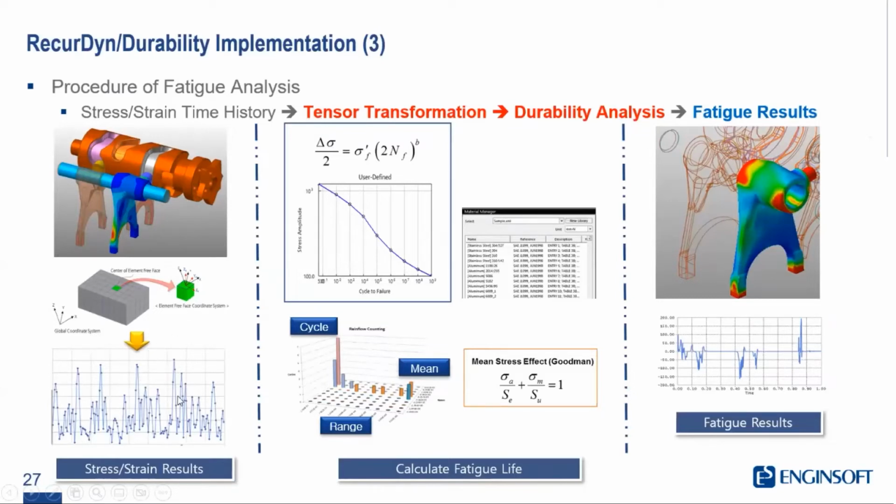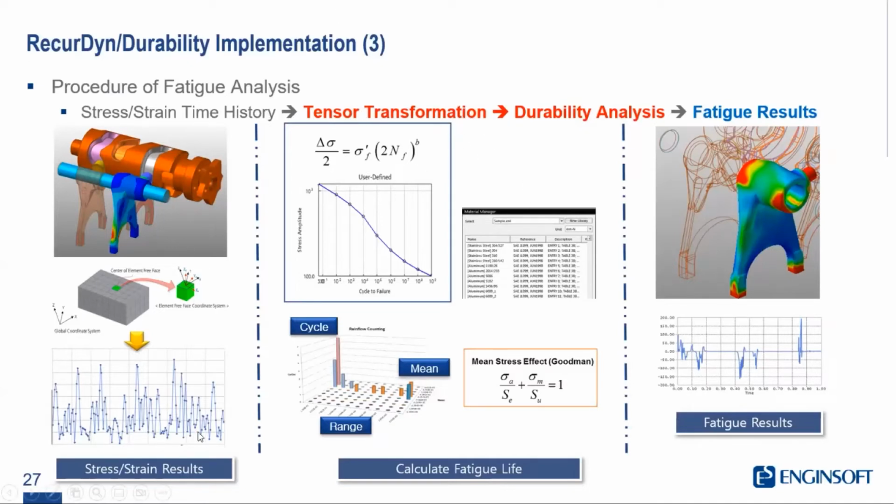Once we have the stress strain history data, then we can do this. Everything else is a post-processing step, which is important to note. For the purposes of durability fatigue analysis, you just have to have results data, but everything beyond that is post-processing. So you don't have to know ahead of time that you're doing a fatigue analysis.